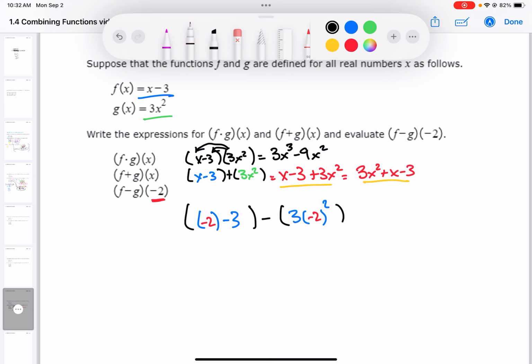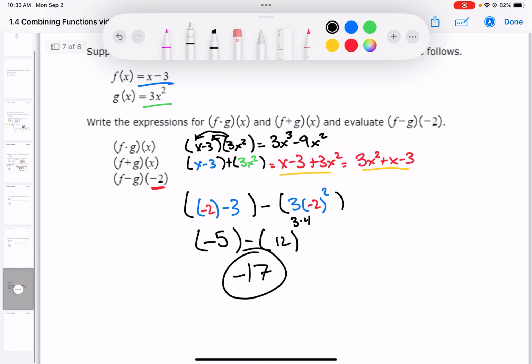Okay, so negative 2 minus 3 is negative 5. Minus, and then negative 2 squared is a positive 4. So you get 3 times 4, which is 12. If you don't put parentheses in there, you'll get a negative 4 times 3, which will give you a negative 12, which changes the expression. All right, negative 5 minus 12 gives me a negative 17. And there you go.